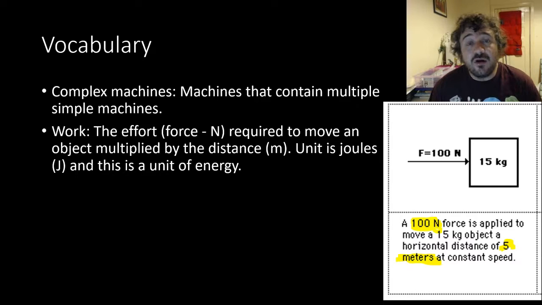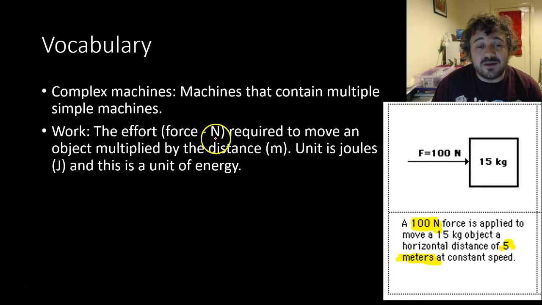Alright, so work. Work is the effort required to move an object multiplied by the distance. So force, if you remember correctly, is in the units of newtons. Distance we measure in meters, and the unit is joules. This is a unit of energy.